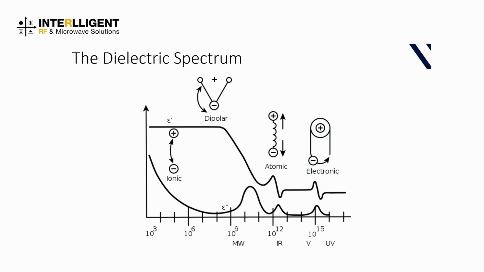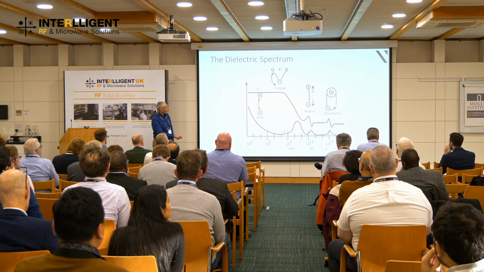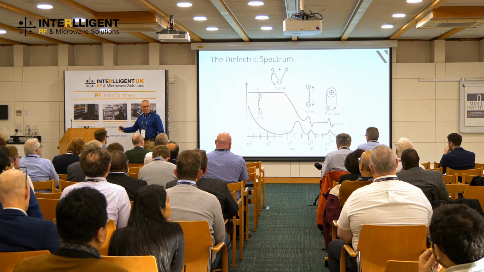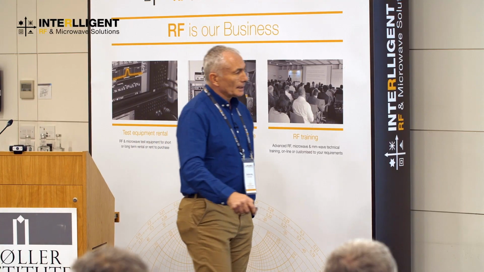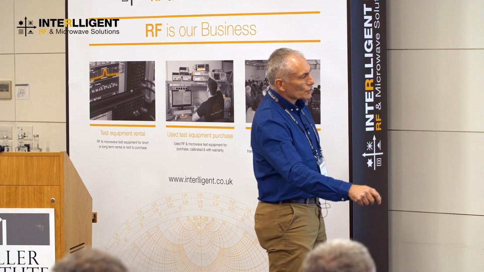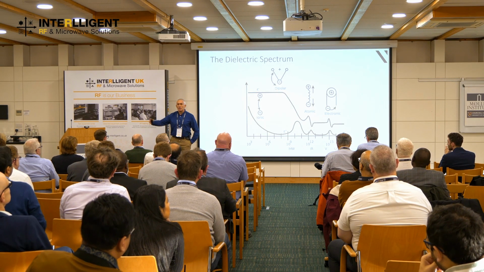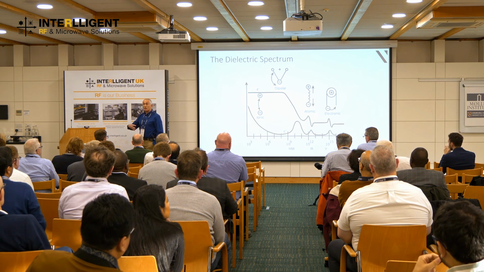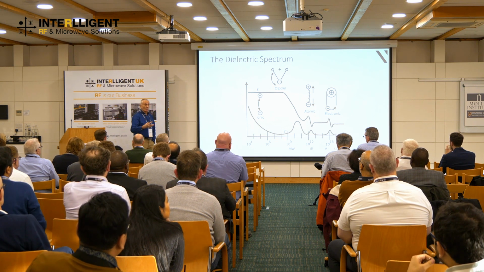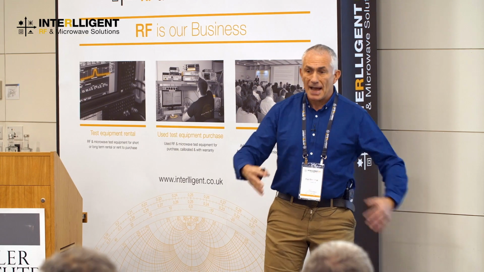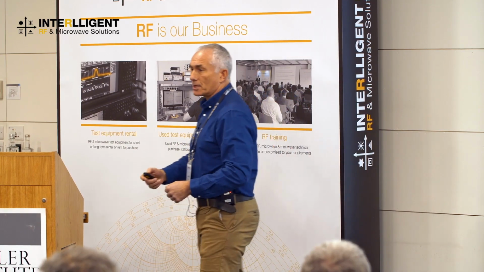I'm using their picture because it has a very nice graphic on it which explains what's more or less happening. Basically, round about here, 100 gigahertz, there's a sort of boundary. Everything which is lower than that is because of collective motions, the mass movement of charges inside our material.